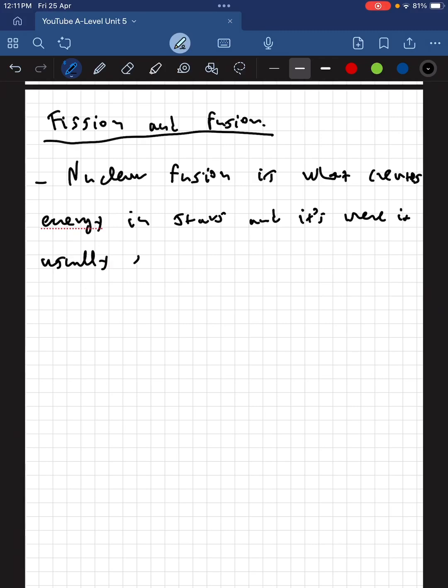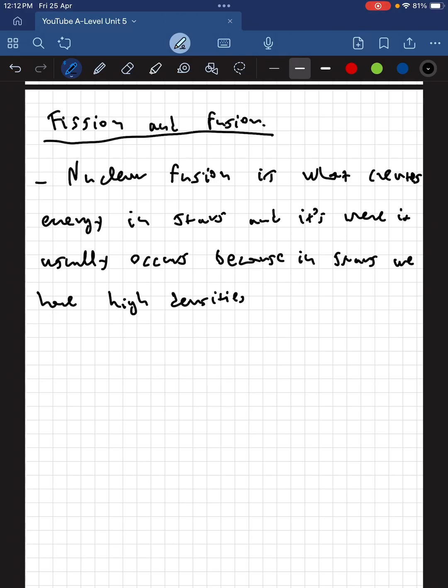So it usually occurs because in stars we have high densities and the particles have high speeds. Okay.